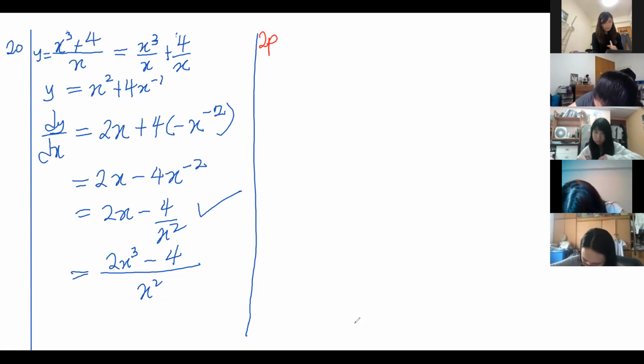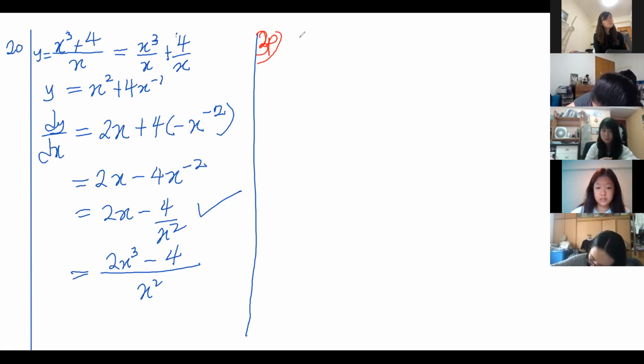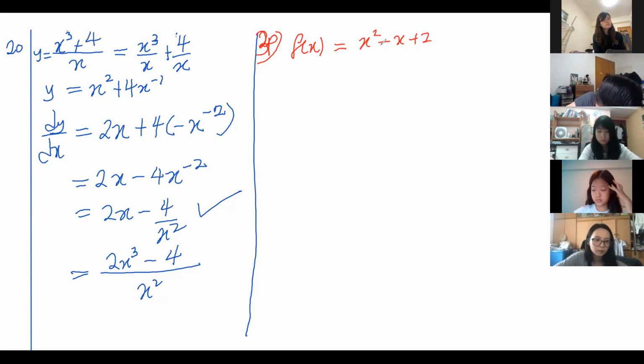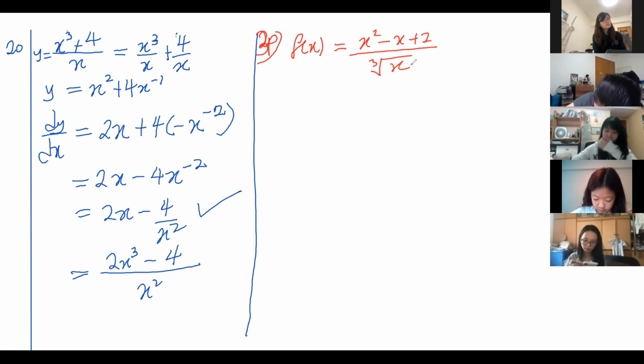So 3p says, so I call it f of x this time. f of x equals x squared minus x plus 2, everything over cube root of x, right?